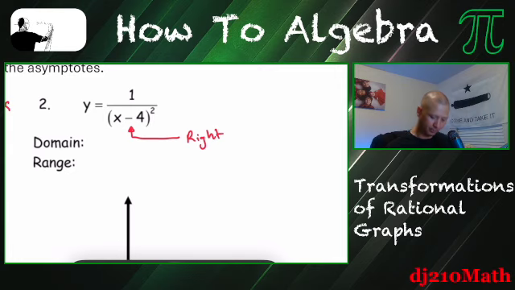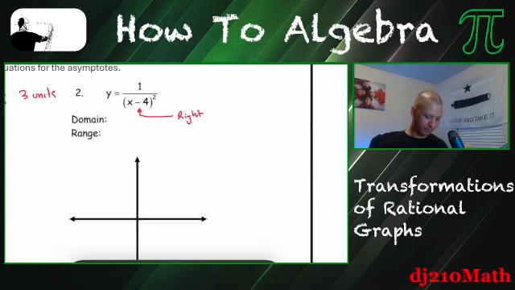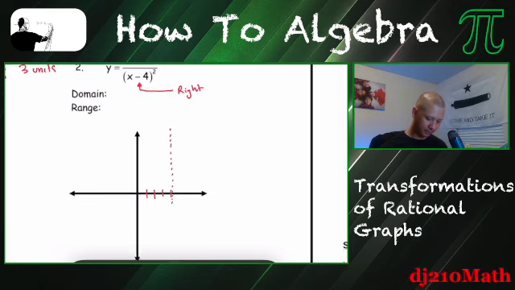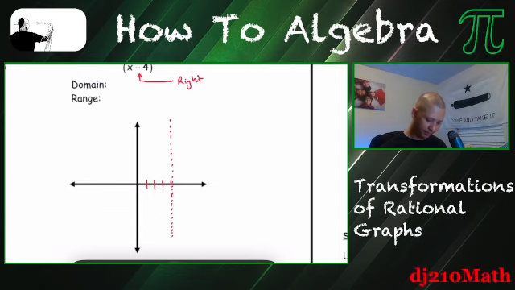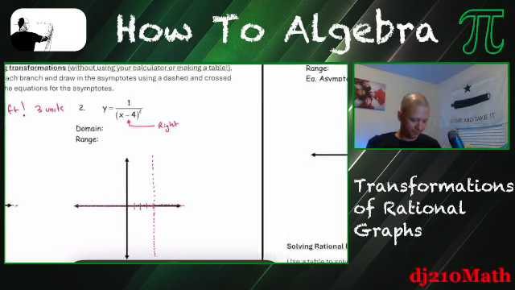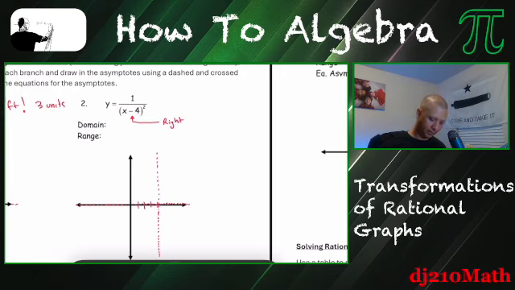So everything goes to the right. 1, 2, 3, 4. Again, this doesn't have to be precise, but we want it to be accurate. And then there's no up and down. All right.